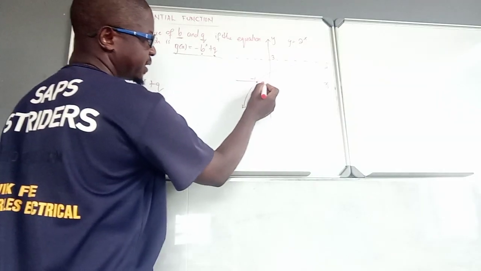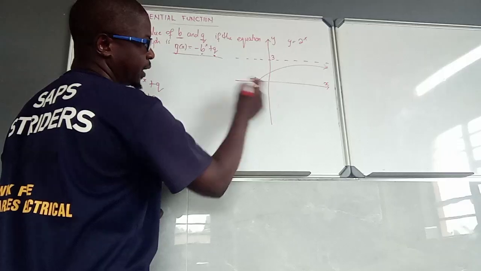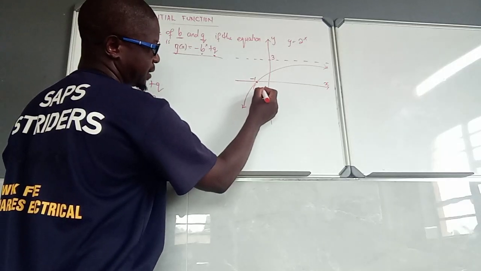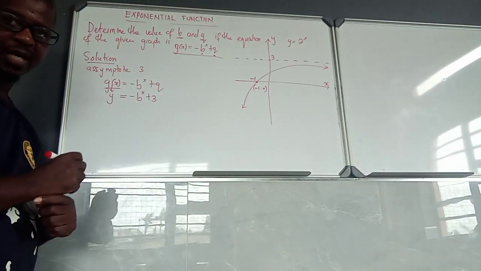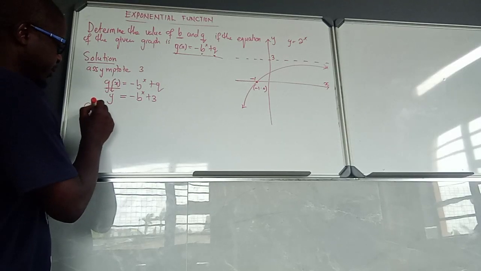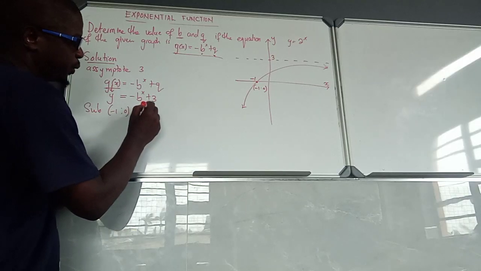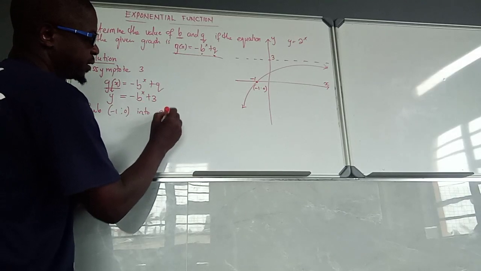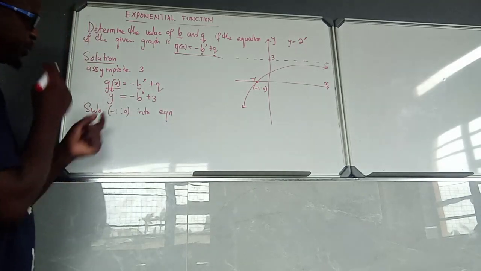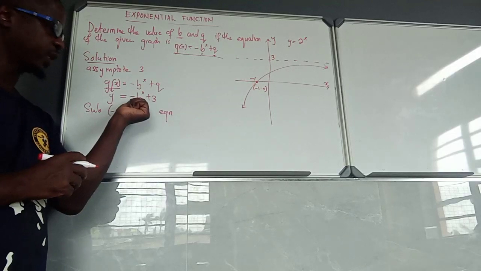Along the x-axis we have a -1, and the y-axis is 0. So we have a point -1 and 0. So we substitute point -1 and 0, which is that point, into our equation.